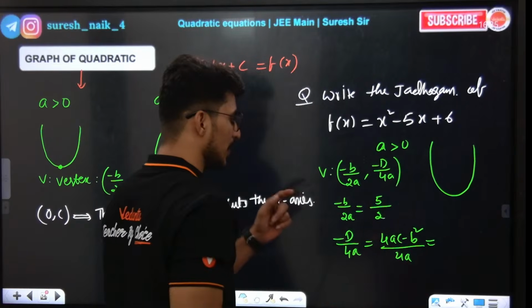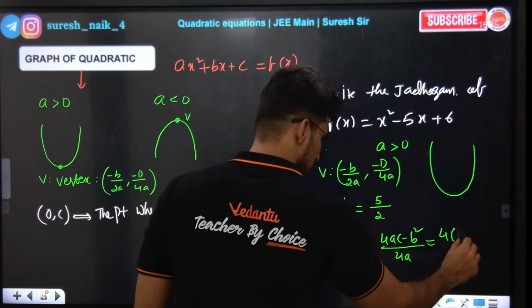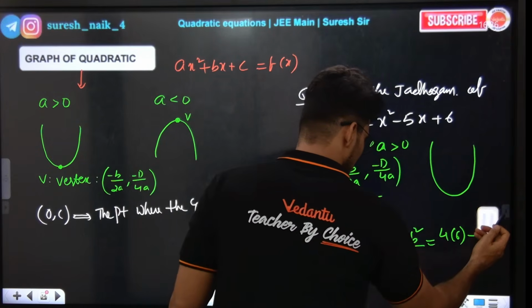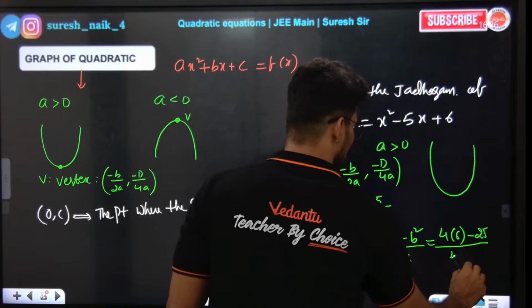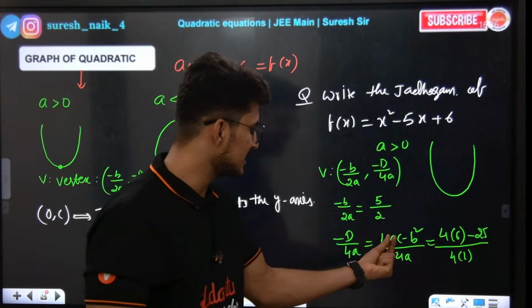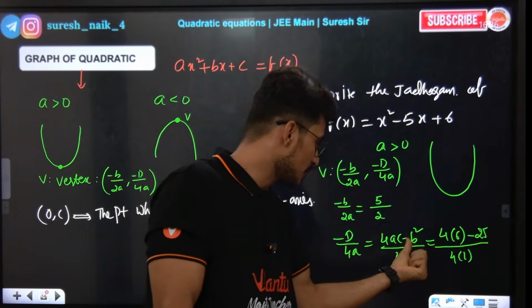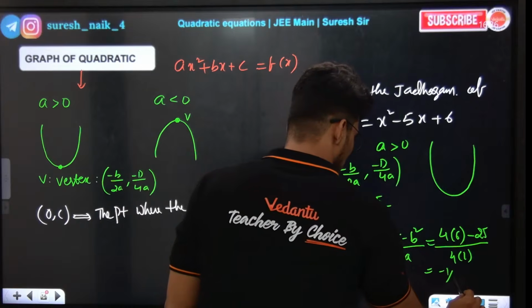So 4 into a is 4, c is 6, and minus b square means minus 5 whole square, which is 25, divided by 4 into 1. So 4ac minus b square is 24 minus 25, so I am getting minus 1 by 4. Are you getting the point?